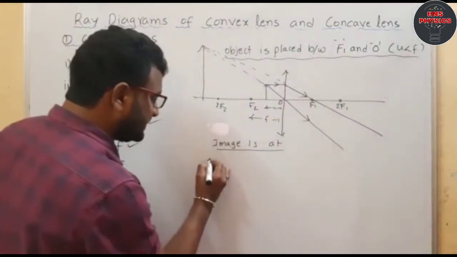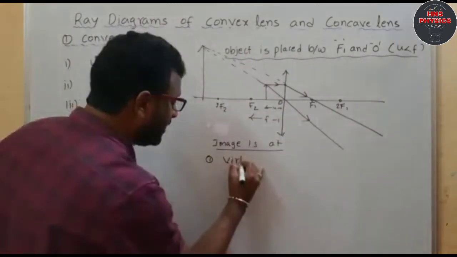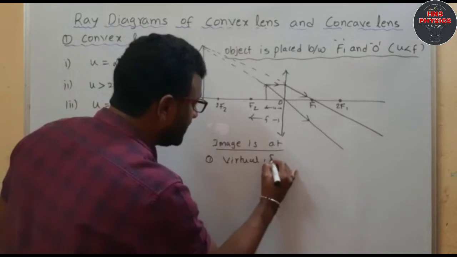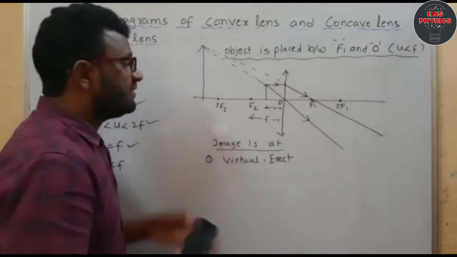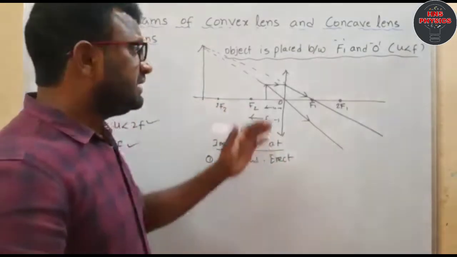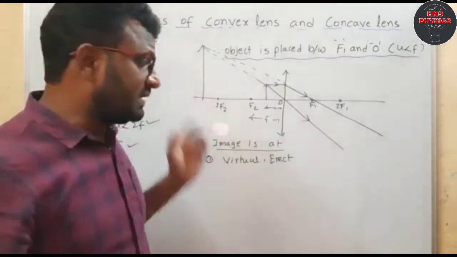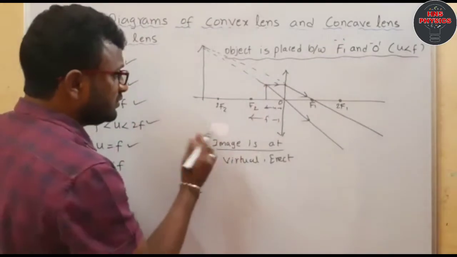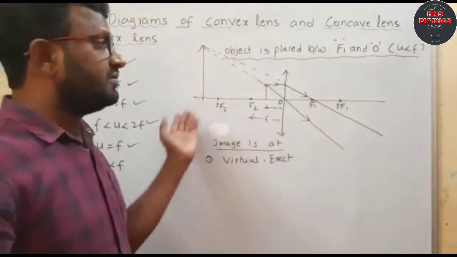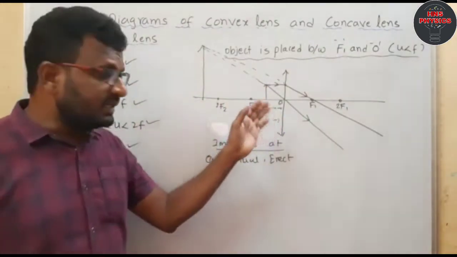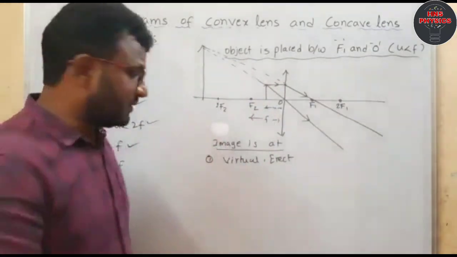That image is virtual, erect. We cannot catch this image on a screen because it is just appearing. Same side of the lens means the side where we are placing the object, the image is formed on that side also, right?